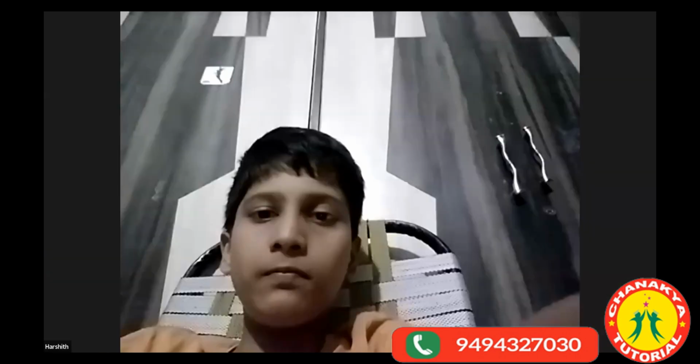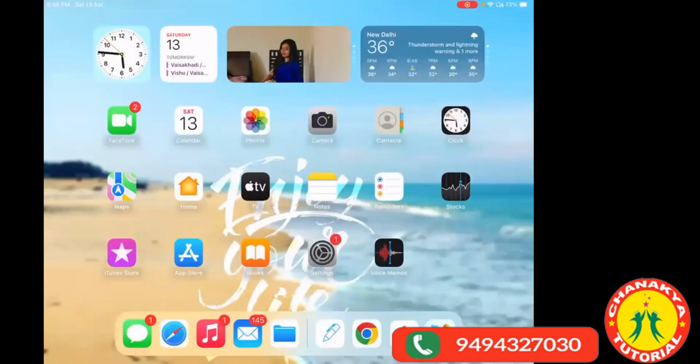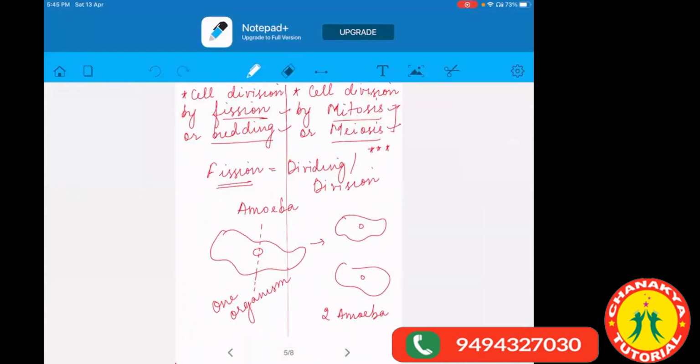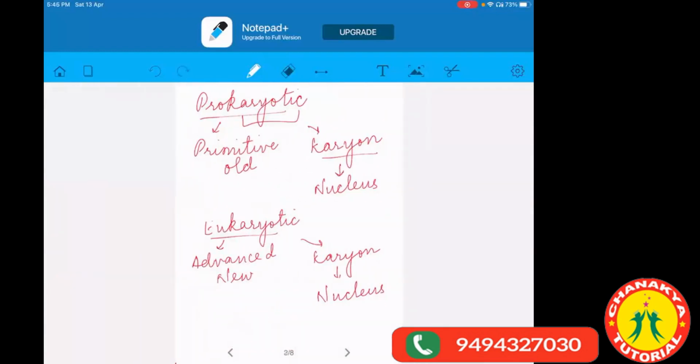Clear, children? Any doubt any one of you have? Rohit, Yukta, Jitendra, Pranav, Sampath? No, ma'am. Harshit? No, ma'am. So I'll share the screen, just note down all the points. I'll share the screen again. Start writing now. Okay, so from here you can start writing.